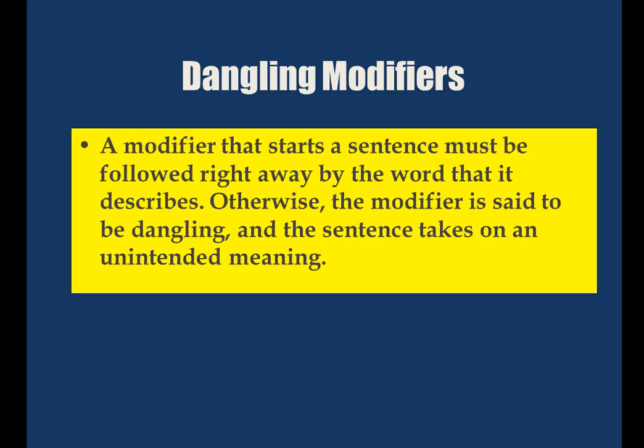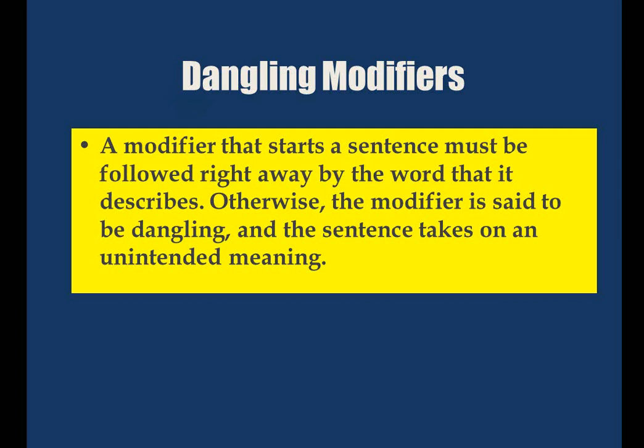Let us move on to the next type of modifiers, which is very important for different competitive examinations, be it for CAT, for GRE, for GMAT, or any sort of undergraduate program for law and management. You would find many questions on English grammar which are based on dangling modifiers.